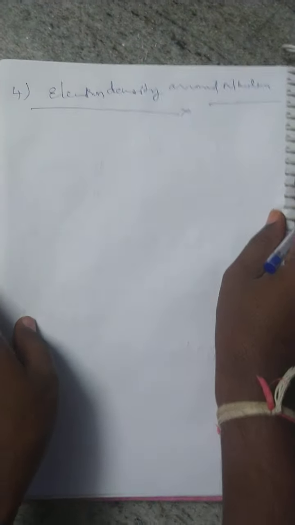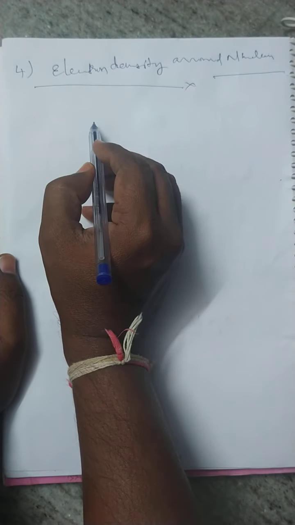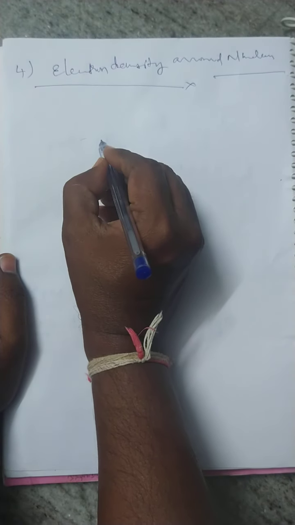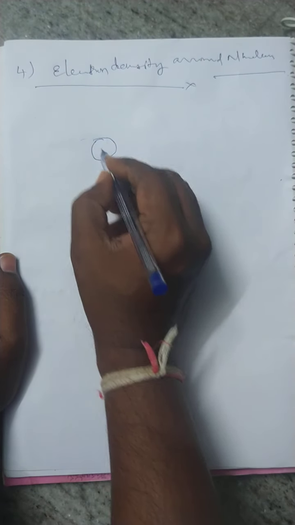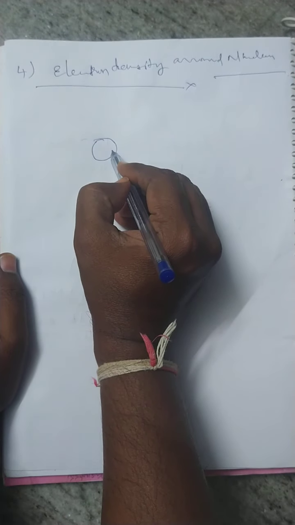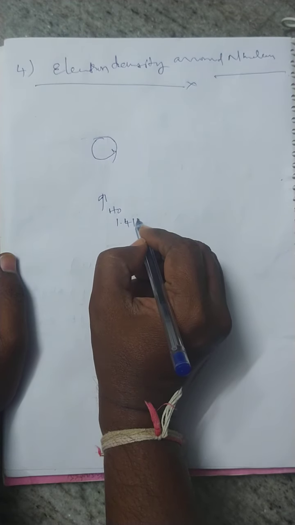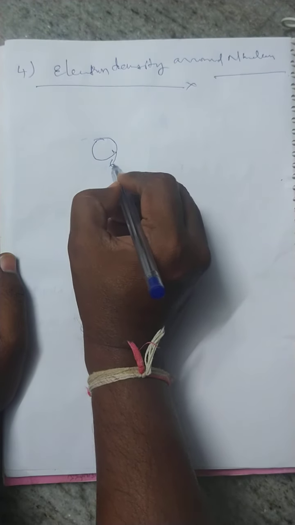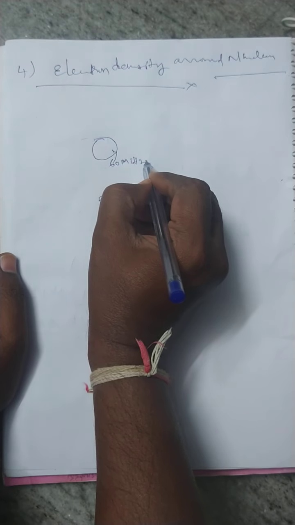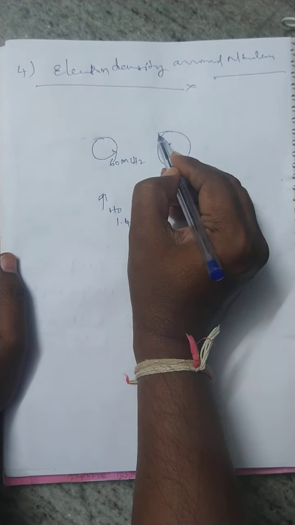The fourth one is the electron density around the nucleus, right? So far we have discussed the nucleus under the influence of the applied external magnetic field, right? And what happens if there are electrons?